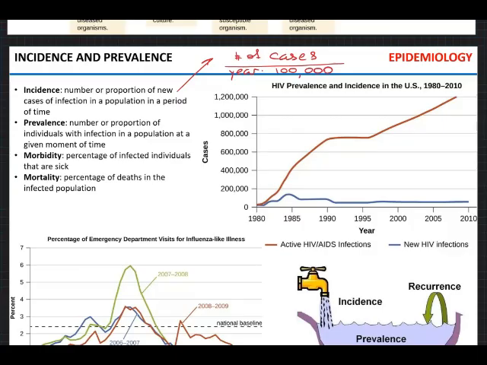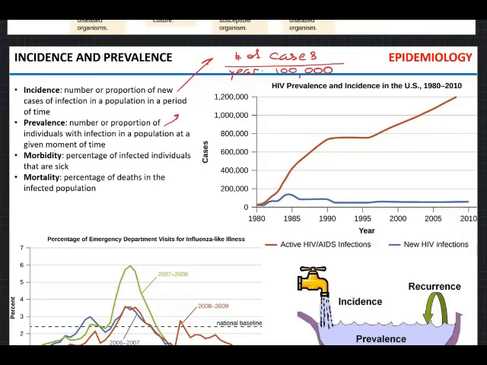Now, question. Can you do incidence using a month and 10 people? Sure. It's not going to be as representative, but sure. It's sort of a gold standard, but you can use different measurements of this. Like for very rare diseases, we sometimes report it as number of cases in the US. Clear?